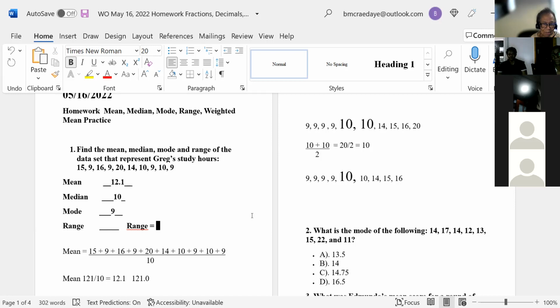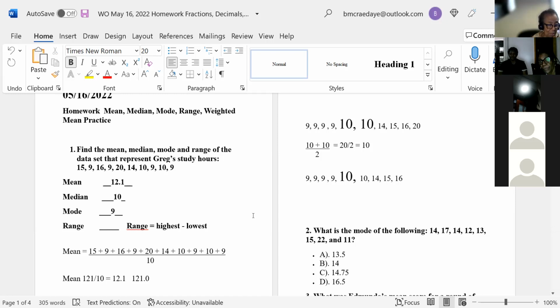I only know that the range is 20 and 9. No, range is the highest minus the lowest. Minus. I wanted to hear an operation there.